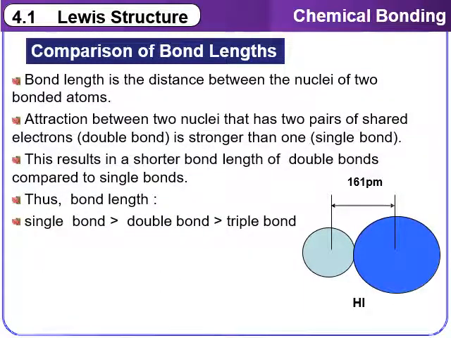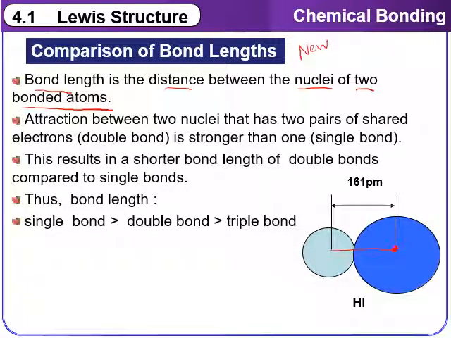Now let's compare the bond length, which is a new concept for you. What is the meaning of bond length? Bond length is the distance between the nuclei of two bonded atoms. For example, we have HI. From the nucleus of hydrogen up to the nucleus of iodine, this is what we call bond length.